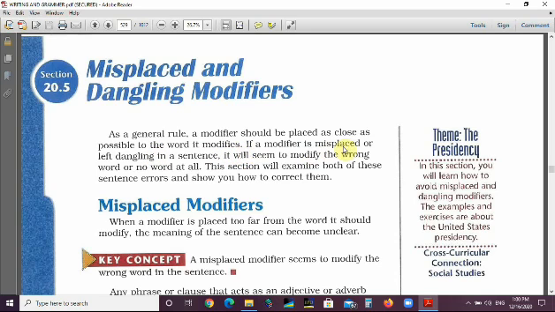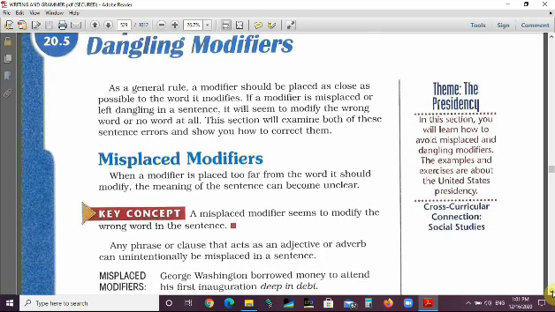If a modifier is misplaced, put in the wrong place, or left dangling without a word to modify in a sentence, it will seem to modify the wrong word or no word at all. This section will examine both these sentence errors and show you how to correct them.